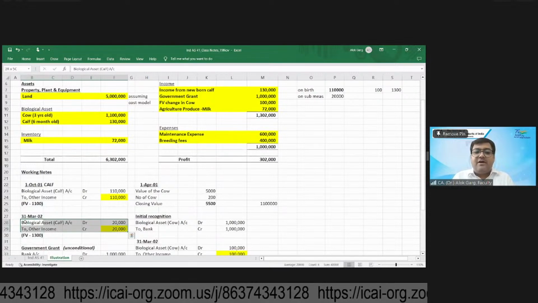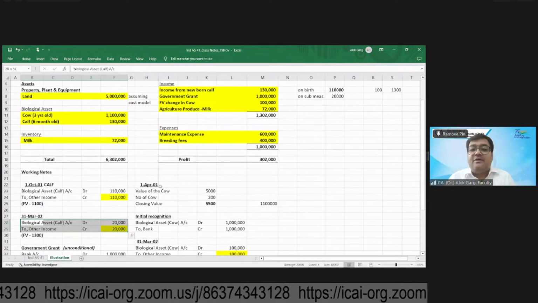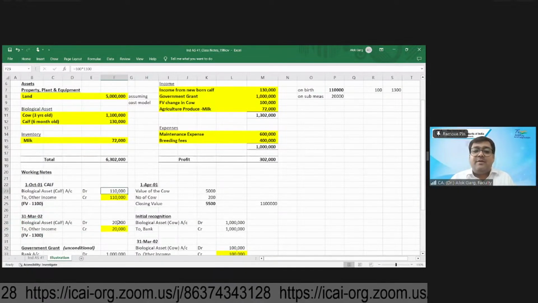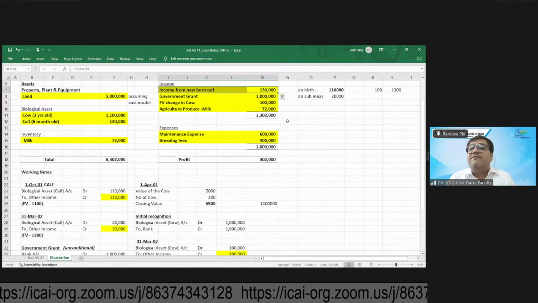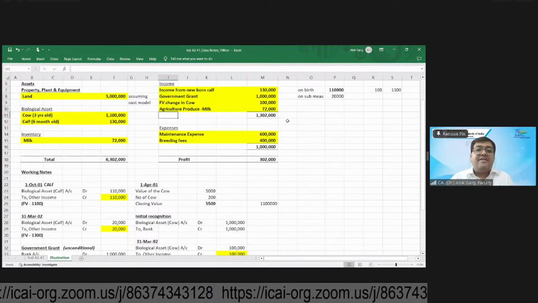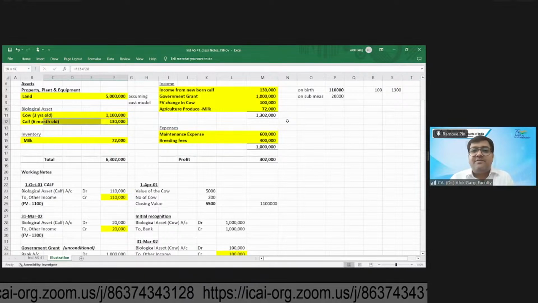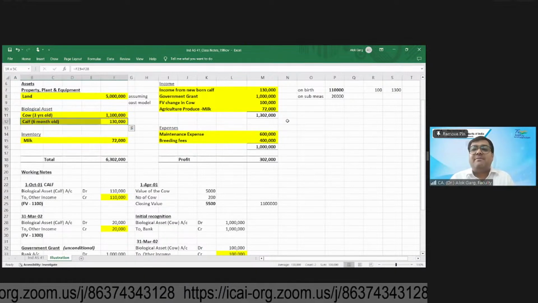Biological asset account debit to other income 20,000. So 1 lakh 10,000 plus 20,000, 1 lakh 30,000 will go to the P&L as the income from newborn calf. And this newborn calf, which is now 6 months old, will go to the balance sheet as a biological asset.